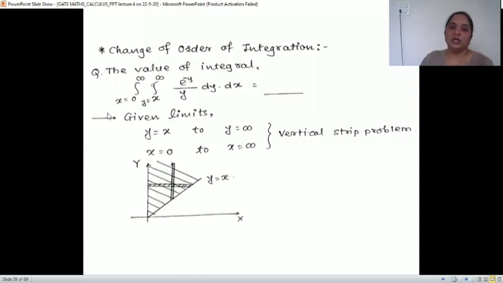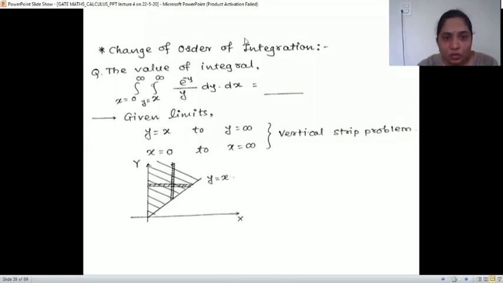I'm not going into detail about why to change the order, but to change the order we have to write the equations. The first is y is x, second is y is infinity, next is x is 0, and next is x is infinity.